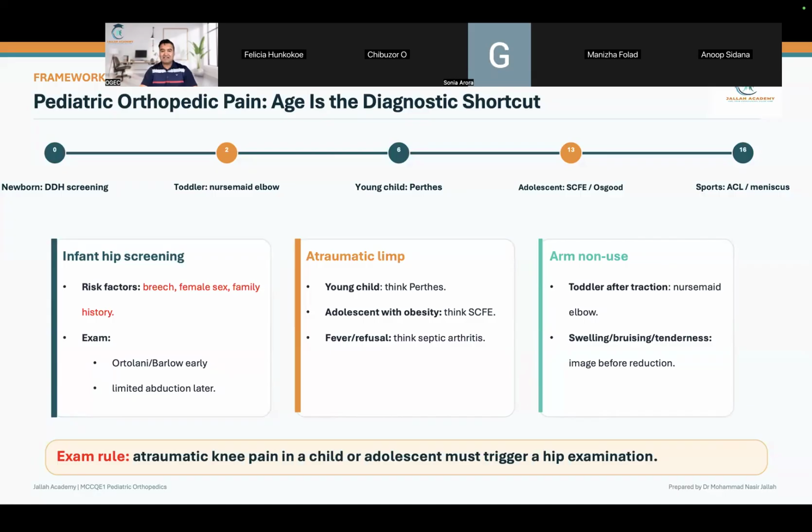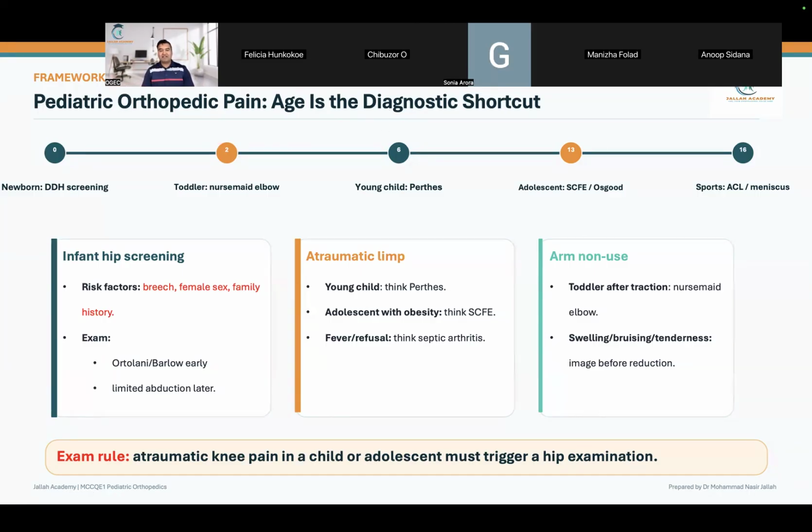Now, the toddler nursemaid elbow could happen between 1 to 4, but most commonly, if they want to create a scenario, they love to put 2 years old. If I have seen 10 or 20 questions of nursemaid elbow, let's say 80% of them were 2 years old.